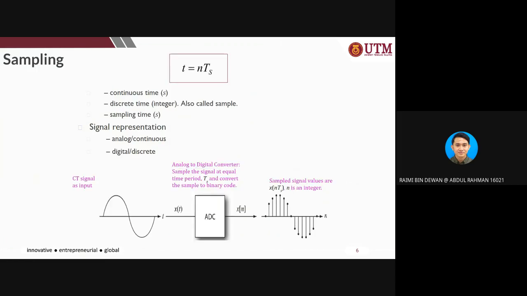So how do we perform this sampling? If you can see, this t comes from our analog continuous signals.